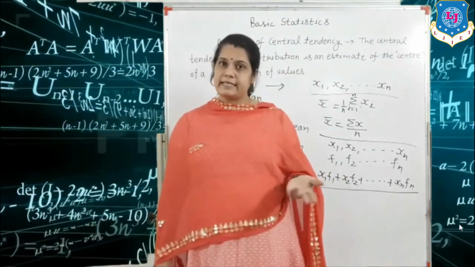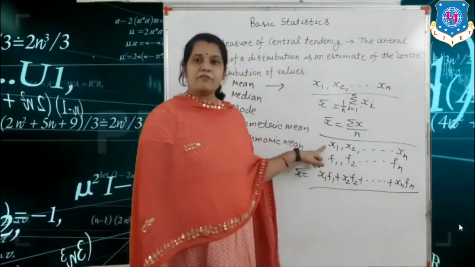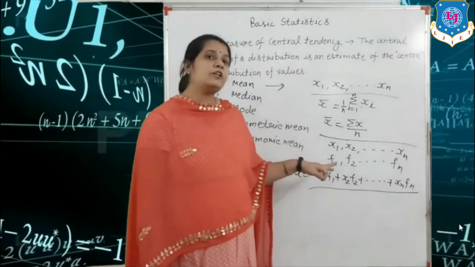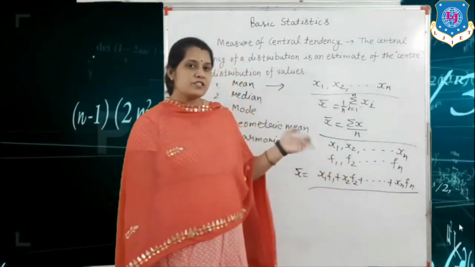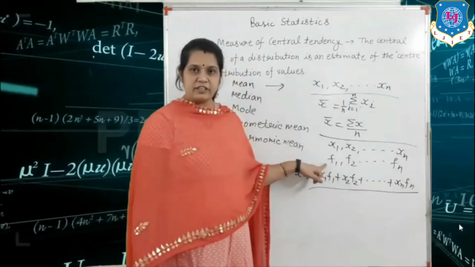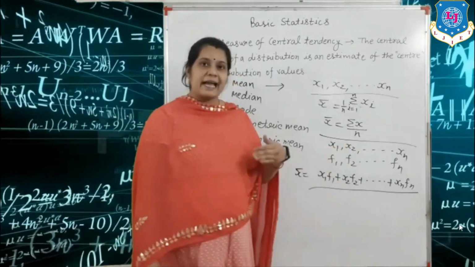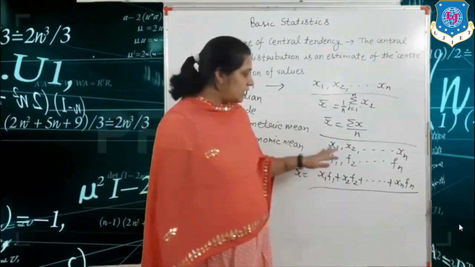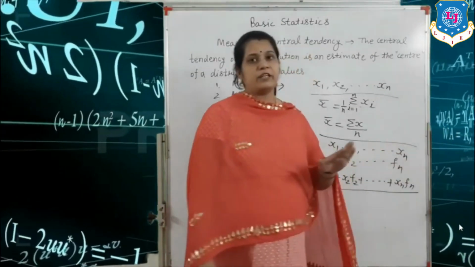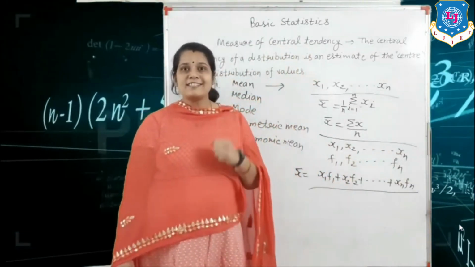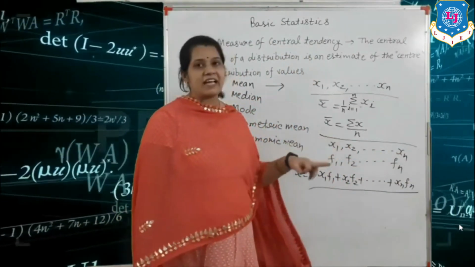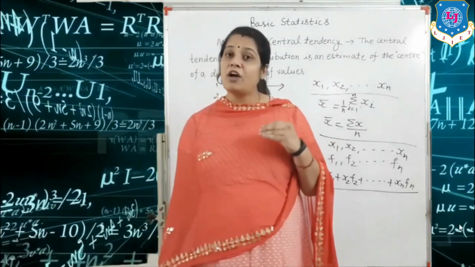But in case we are given the value of x and the corresponding value of f, first you multiply x1 corresponding f1 plus x2 corresponding f2 up to xn corresponding fn. And what do we divide by? Before, we divided by the number of terms, small n.